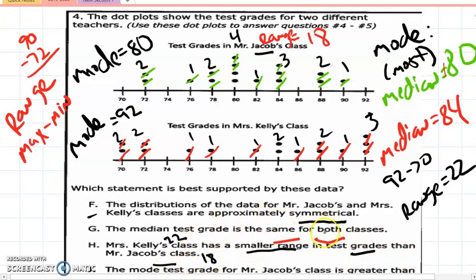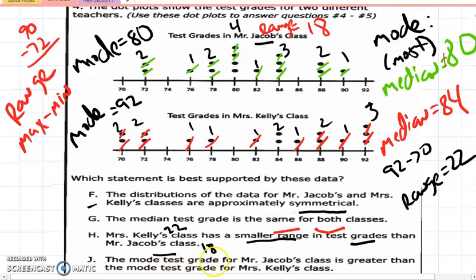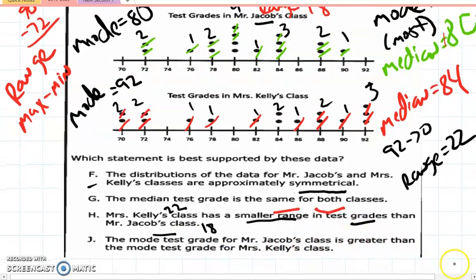The last one says the mode test grade for Mr. Jacob's class is greater than the mode for Kelly. So what's the mode for Jacob? The mode is 80, and Kelly's is 92. So 80 is greater than 92?